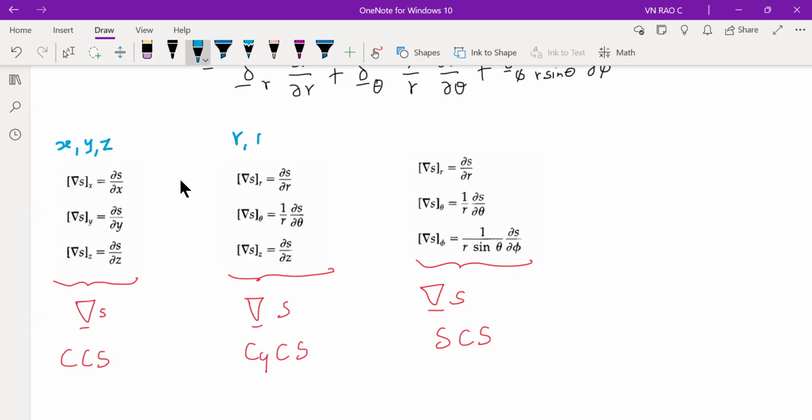Here r comma theta comma phi. Here r comma theta comma, in the cylindrical coordinate it should be only z. Spherical coordinate systems r comma theta comma phi.